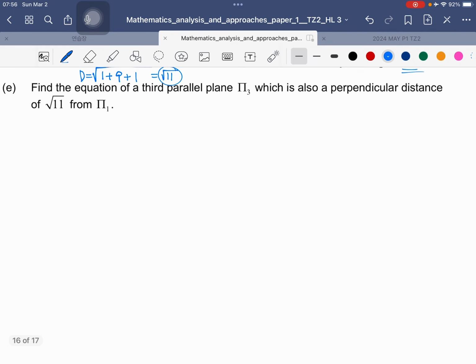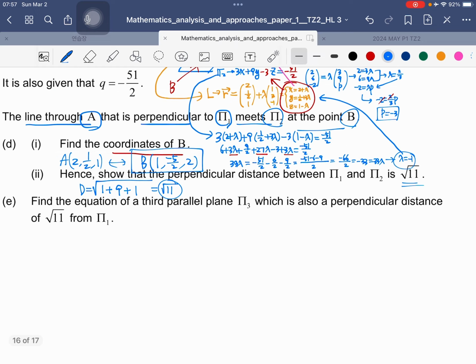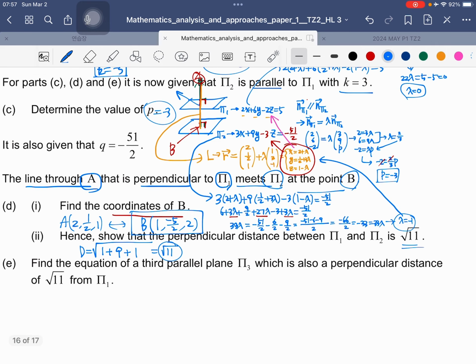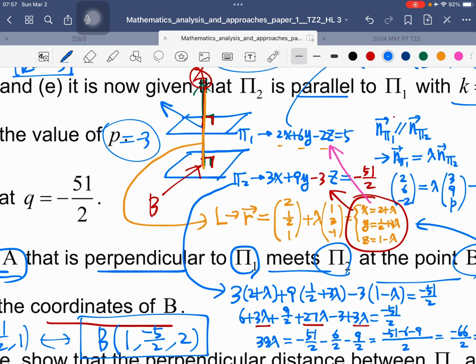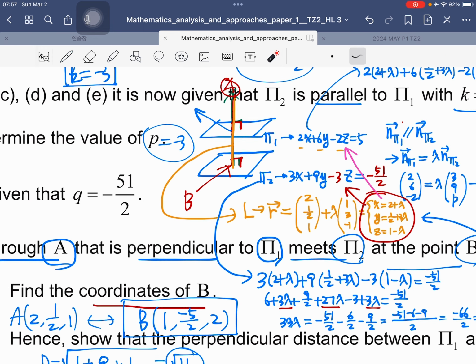Last question. Find the equation of the third plane pi 3, which is parallel and also at perpendicular distance root 11 from pi 2. Root 11 from pi 1. So see, this is pi 1, and this is pi 2. We need to find another plane, pi 3.